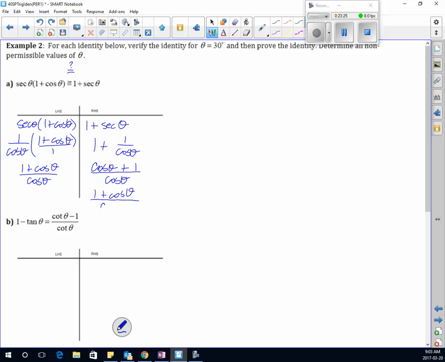So write this down. Now they're exactly the same. At the end of the proof, you're supposed to say, therefore, the left-hand side equals the right-hand side. And you're supposed to put identity proven, or the Latin thing, QED.